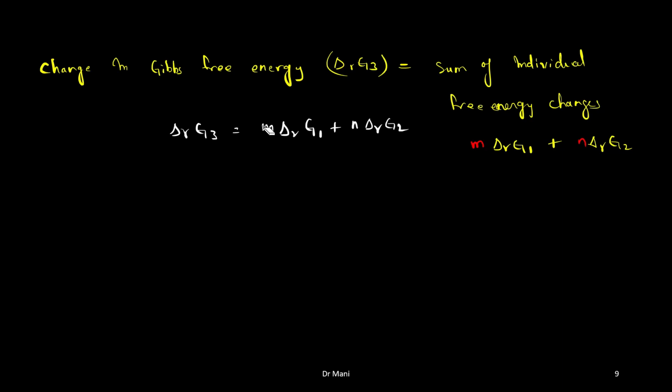You can understand, right? m means the number of electrons released here, n means the number of electrons released here, because we multiplied oppositely. So for delta rG3, the value will be nm, because I need to consider both.